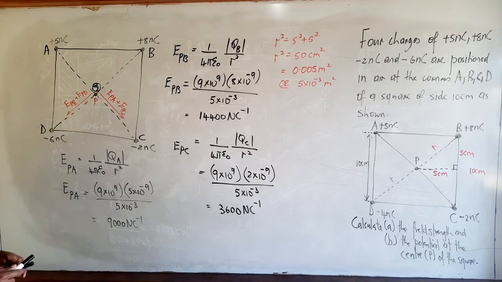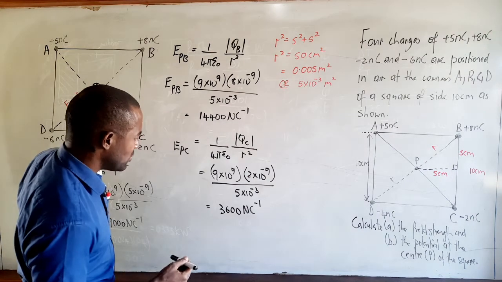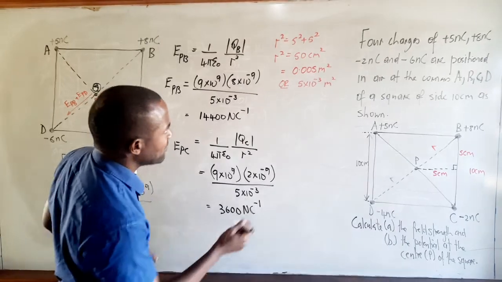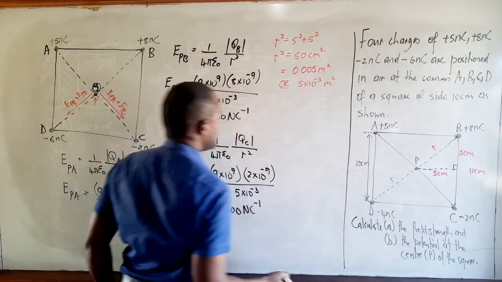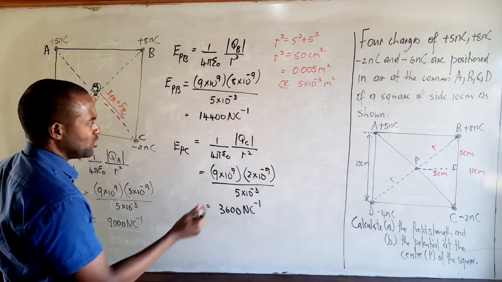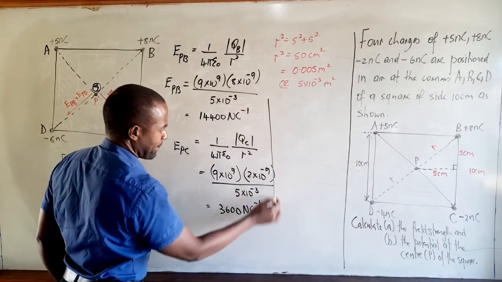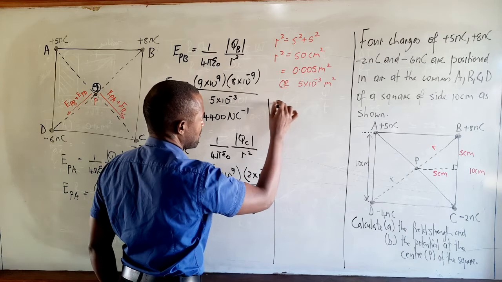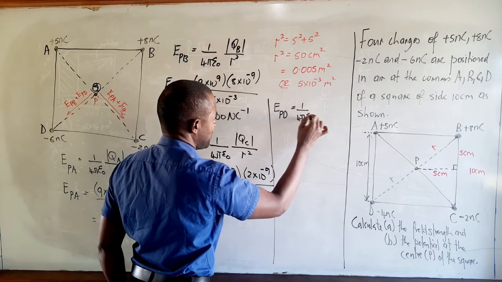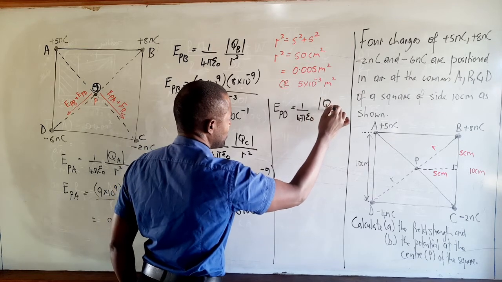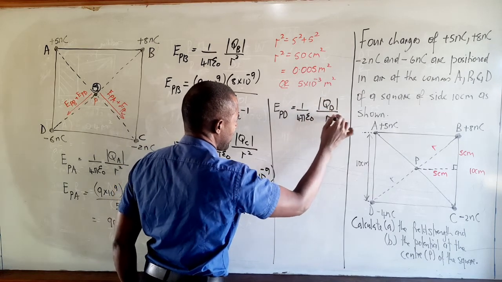And lastly, we need to work out the field strength at P due to D. So EPD equals 1 over 4 pi epsilon naught, the magnitude of the charge at D, divided by r squared.